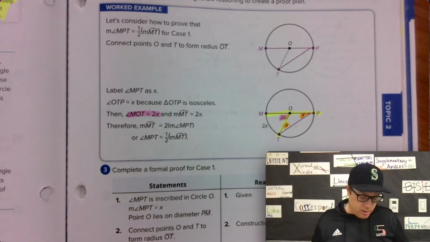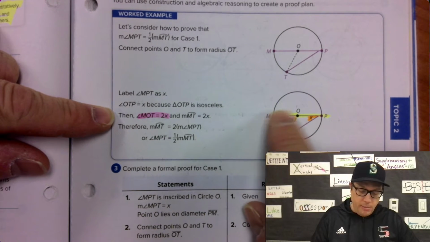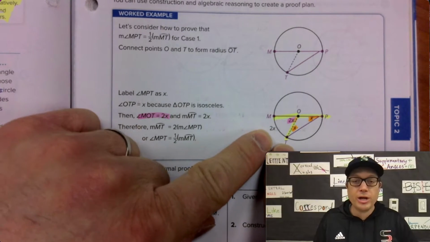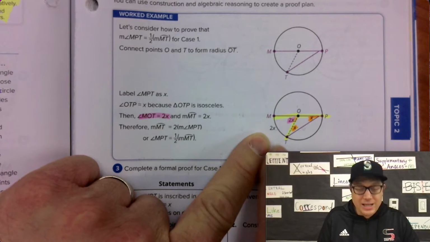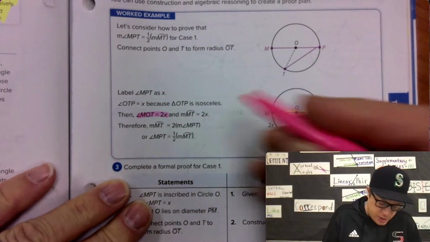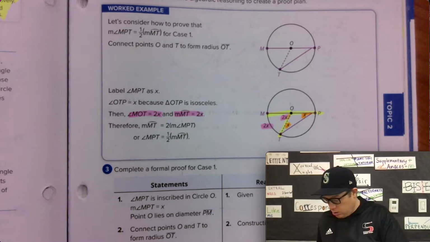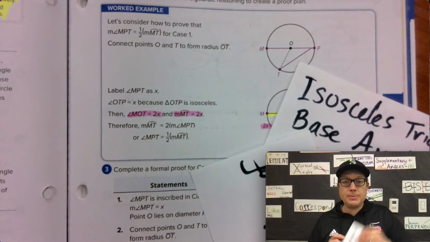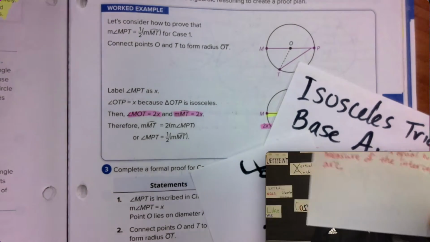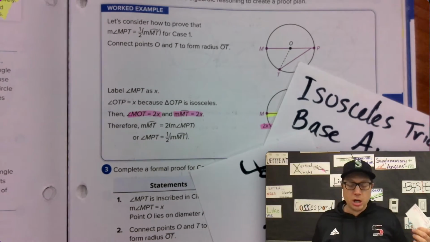Therefore, this angle, MOT, creates an intercepted arc that is the exact same expression. So these are both 2x because the central angle and the intercepted arc are supposed to be exactly equal in measure.